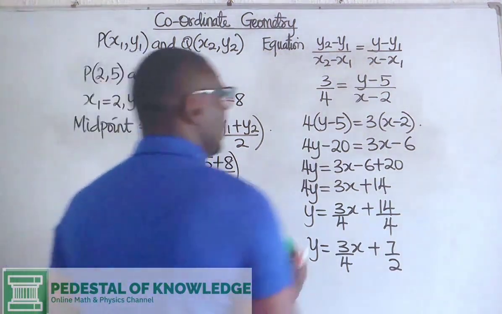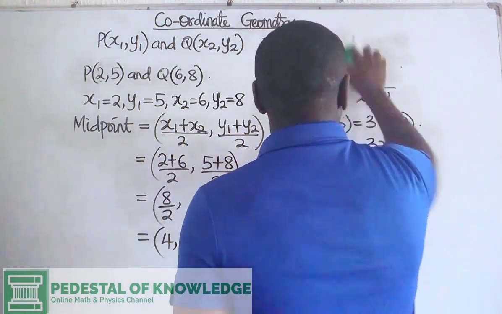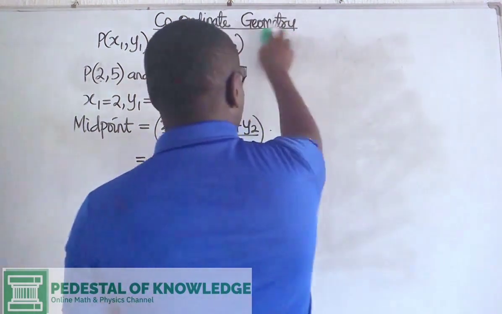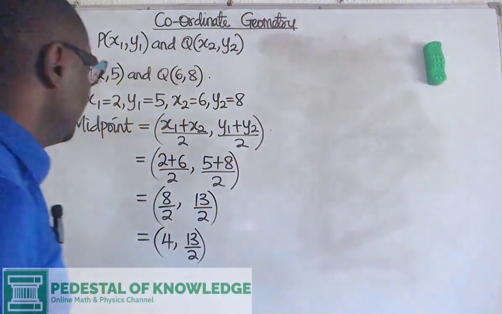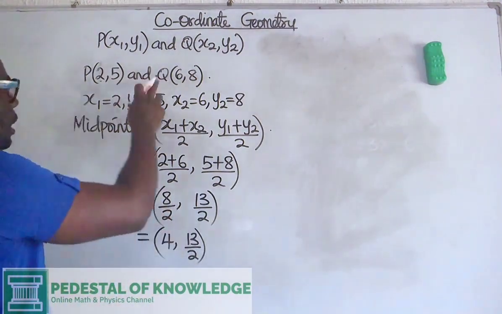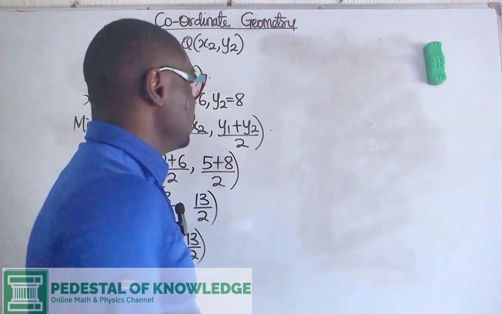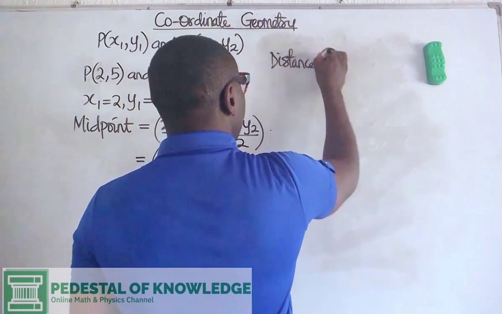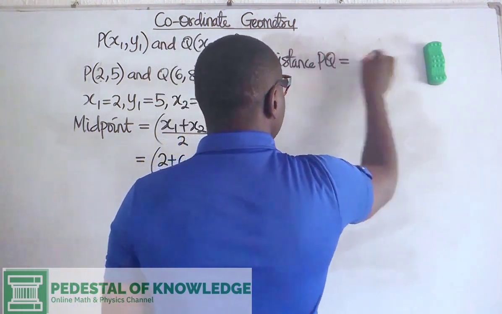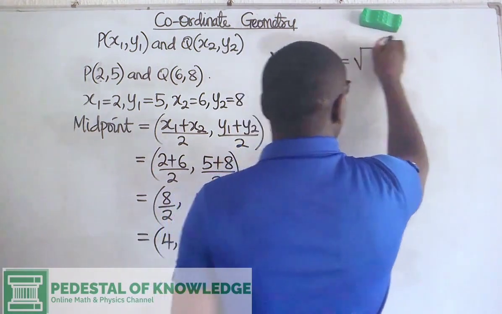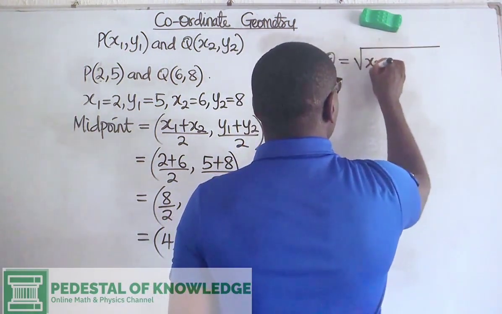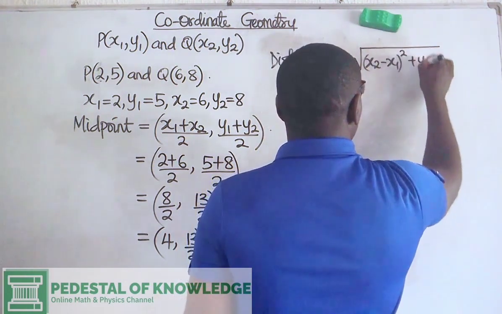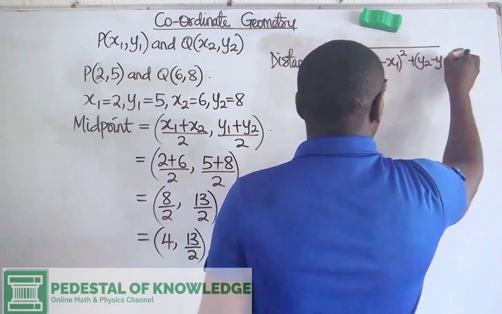All right, so finally, let's look at the distance between the two points P and Q. Like we said before, it is simply the length of the line segment connecting P and Q on the Cartesian plane. All right, so now the distance PQ is given by the square root of (x2 minus x1) all squared plus (y2 minus y1) all squared.